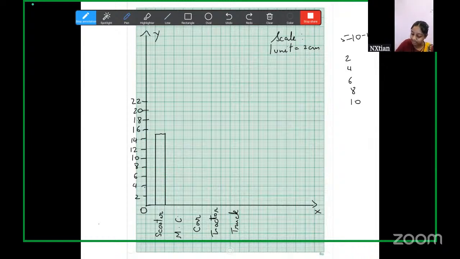Next is motorcycle, which is 22. Like this. Next we have 12 for the car.